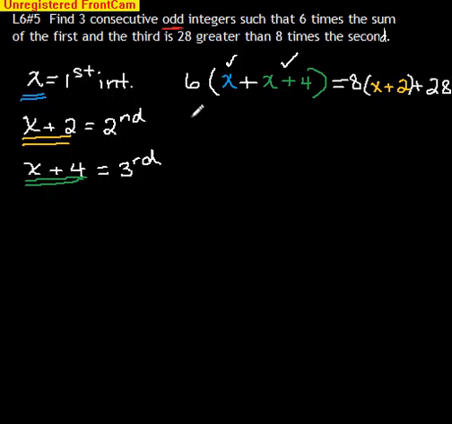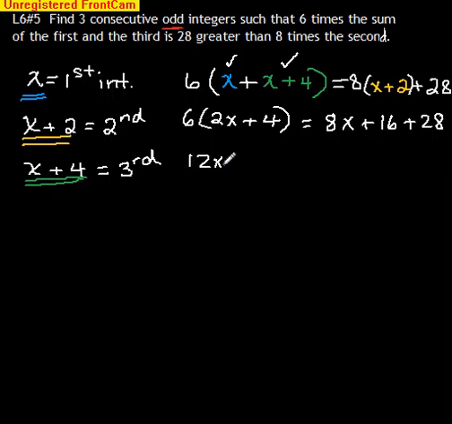You just simplify in your parentheses first. 2x plus 4 equals 8x plus 16 plus 28. You get 12x plus 24 equals 8x plus, it's going to be 14, carry the 1, 44.